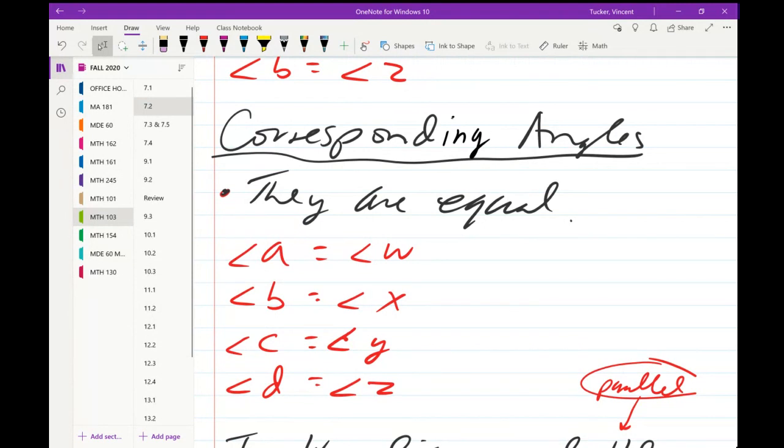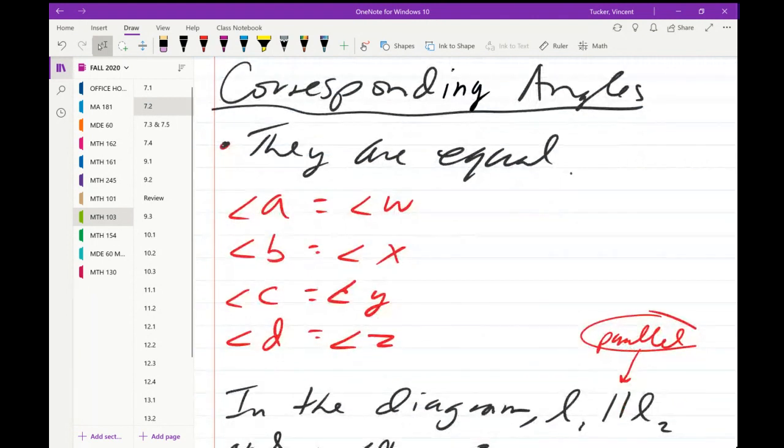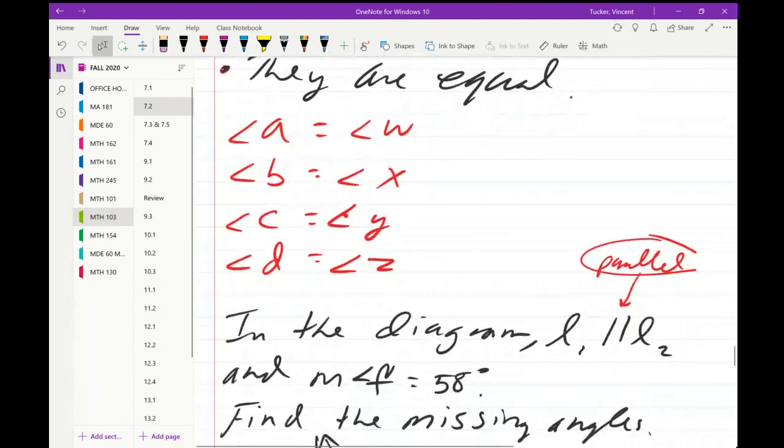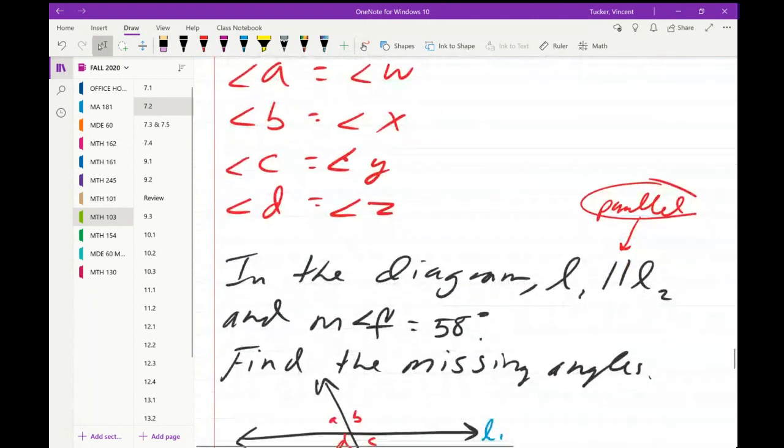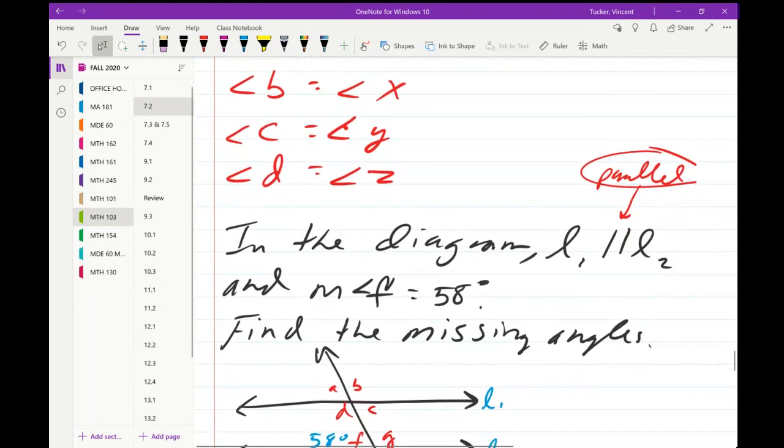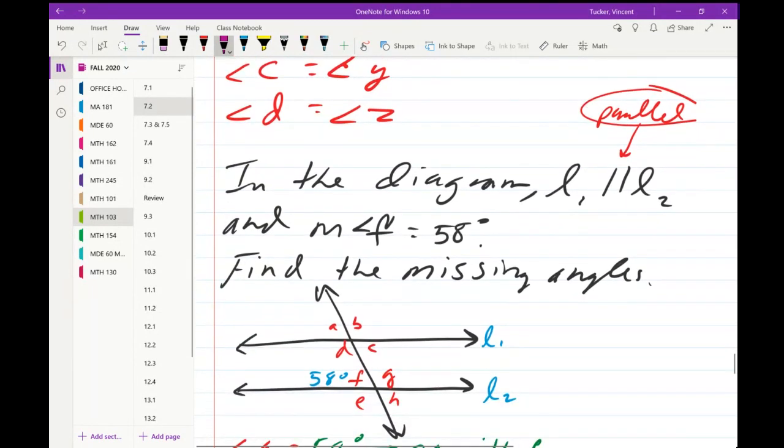Any questions before we use it? All right, sounds good. So in the diagram, it says L1 is parallel to L2. So this symbolism right here just means parallel. And they give us angle F is equal to 58 degrees. Find the missing angles.